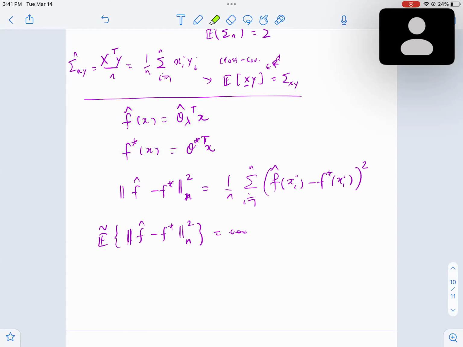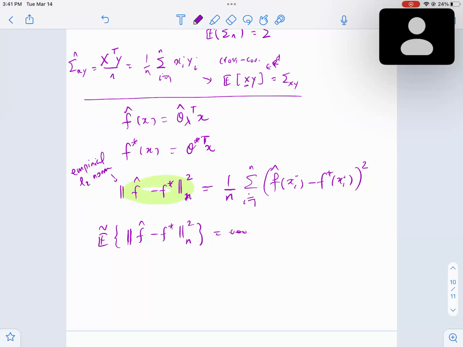These are regression functions, one the true one, the other the estimated one, and I'm going to compare them using this norm. This norm is sometimes called the empirical L2 norm. It is a weighted average of these deviations between f hat and f star on the training data.